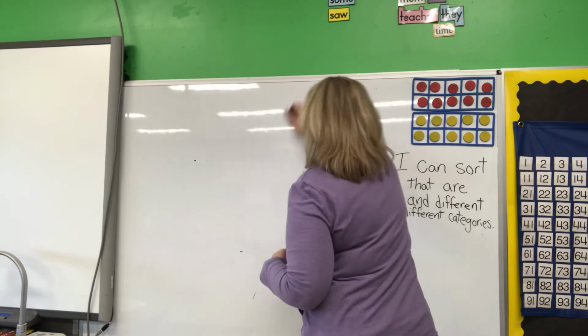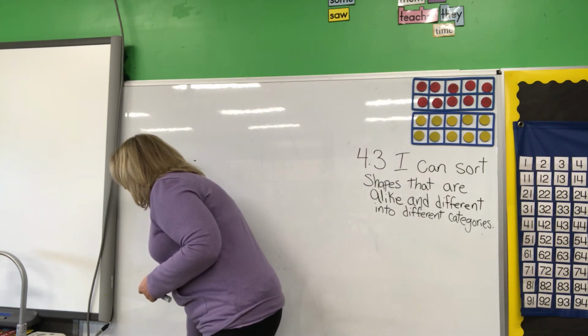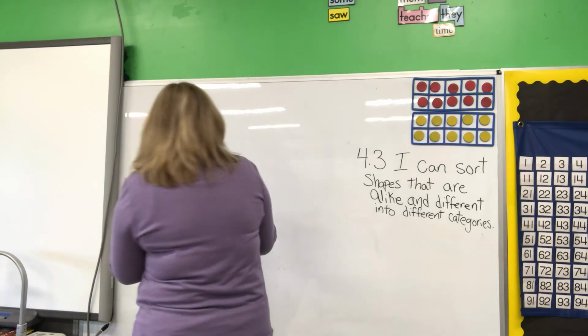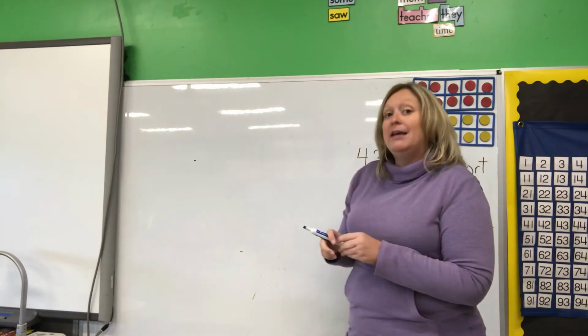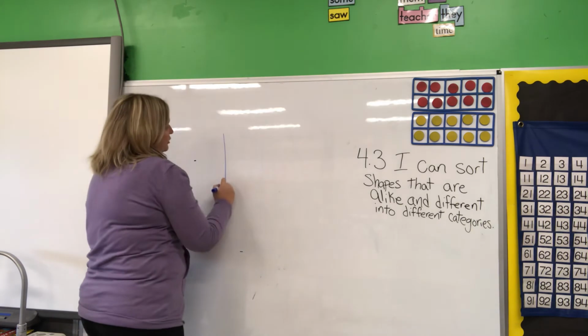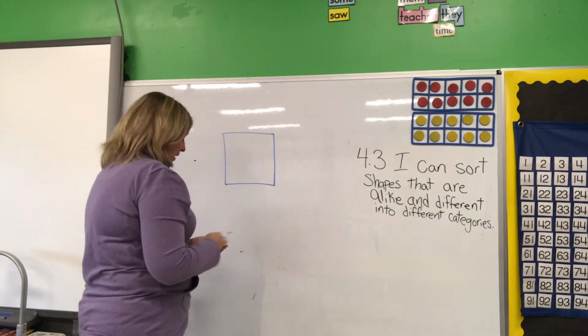Okay? Well, now let's look at different. Different means how things are not the same. So, I'm going to draw another square. Okay, I have a square.